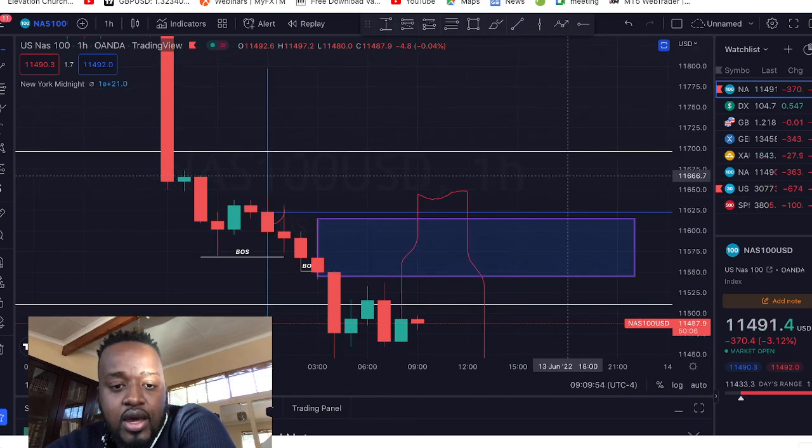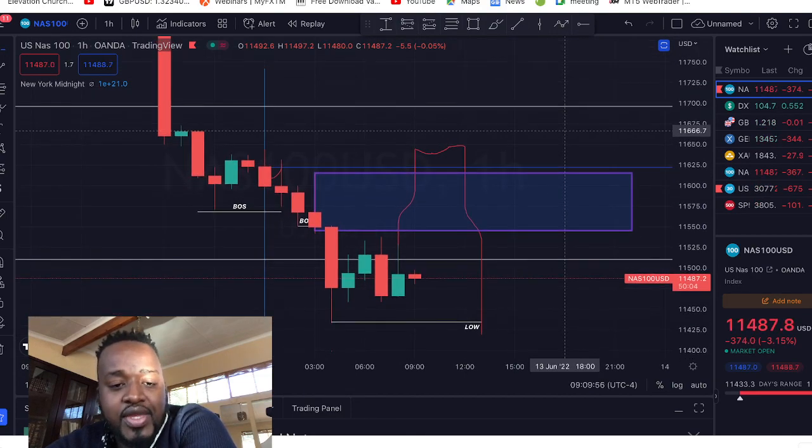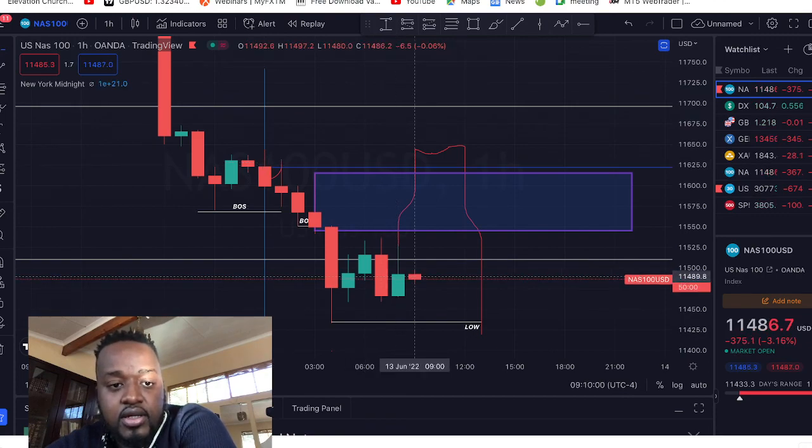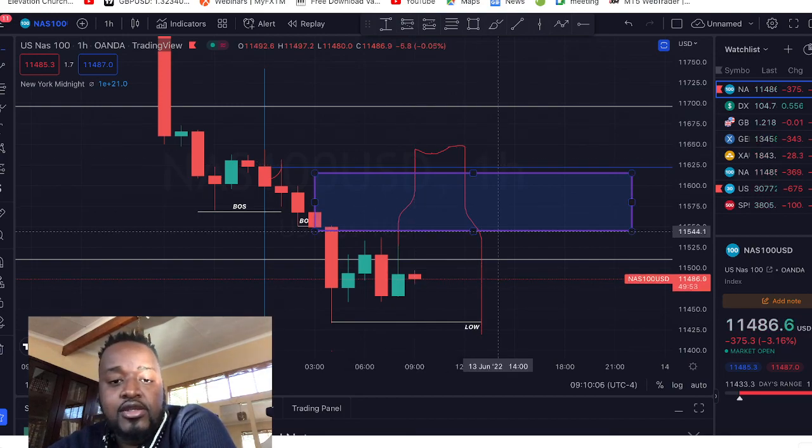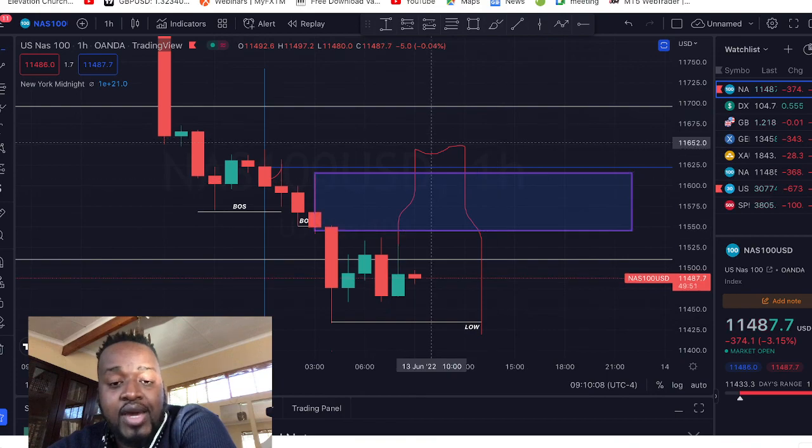Because we are bearish on the daily, we're expecting price to go up towards the New York midnight price line at 11,625, and hanging out. It might tap in there or hang around for a little bit of consolidation before crashing back down again, or at the very least, price will come back up to this order block.